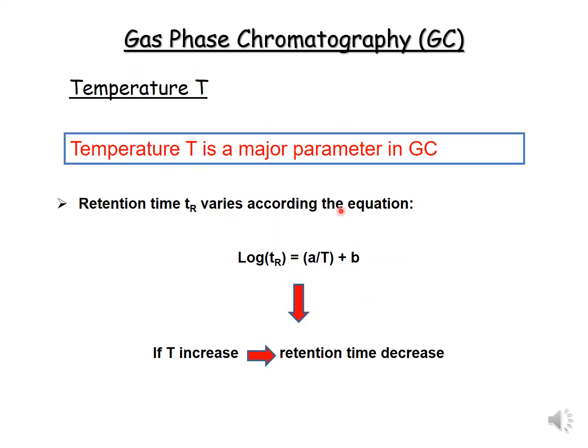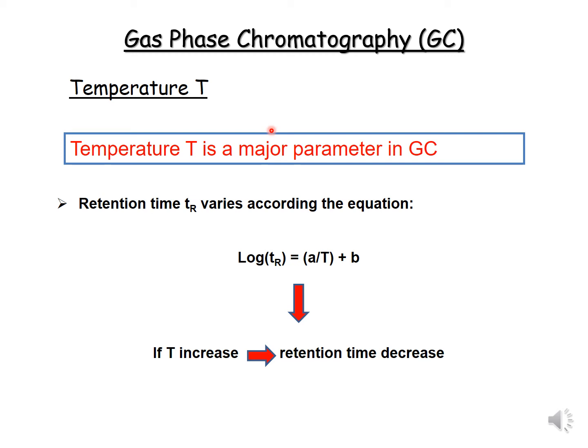The second parameter, which is very important in gas chromatography, is the temperature of the oven. The temperature is the major parameter in GC. There are two major parameters in GC, the temperature and the nature of the stationary phase.